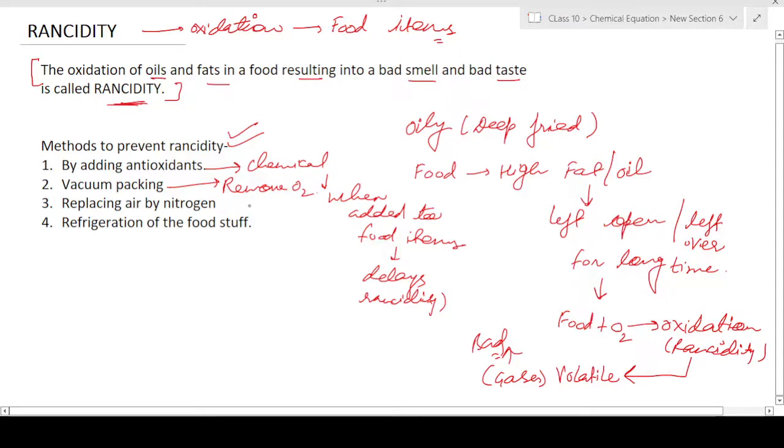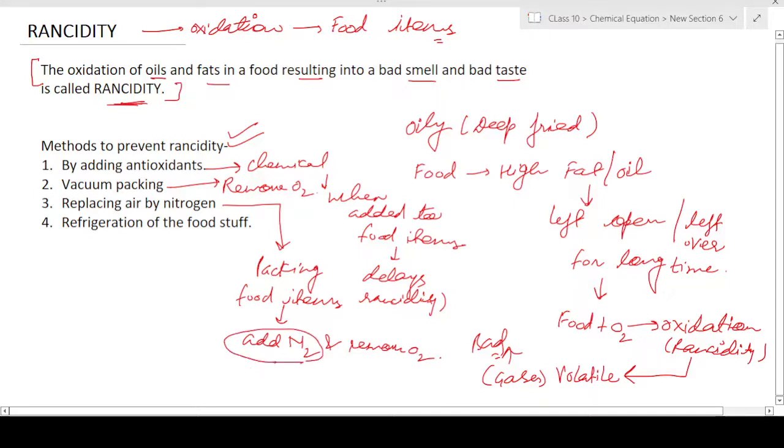Sometimes while packing the food item, we also add nitrogen and remove oxygen. This adding of nitrogen also delays the process of rancidity or oxidation of food.